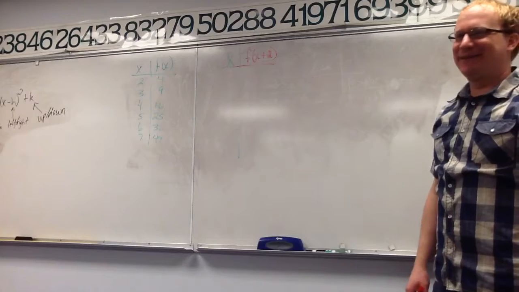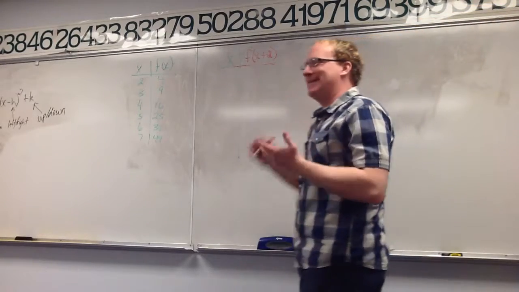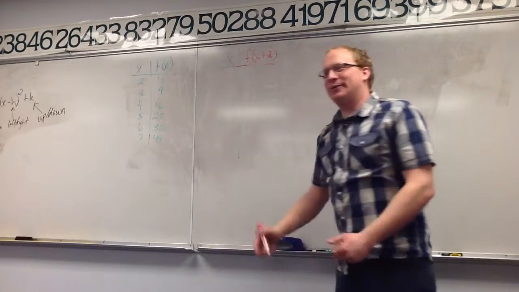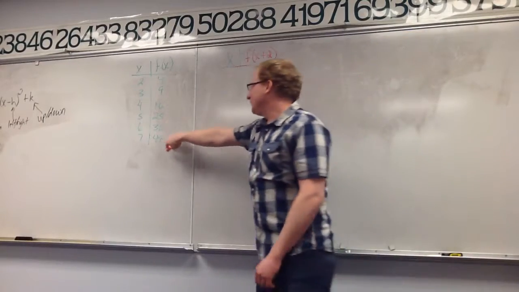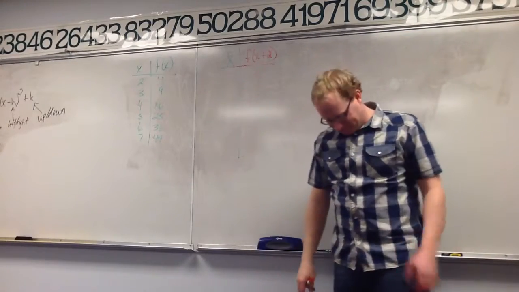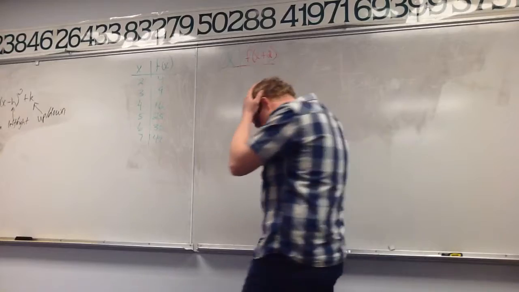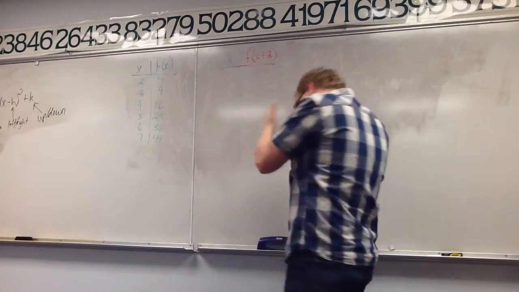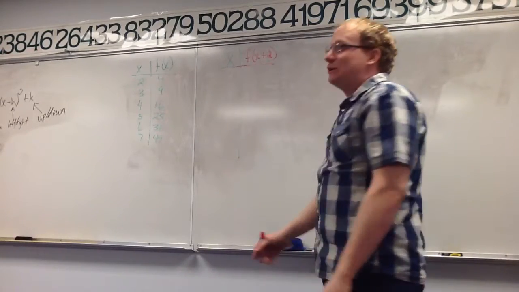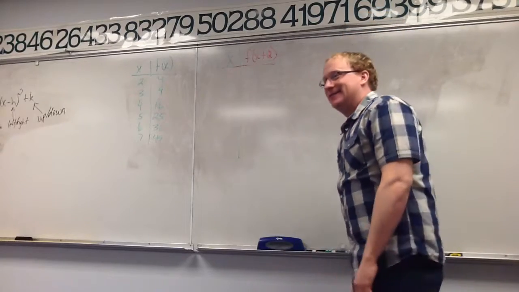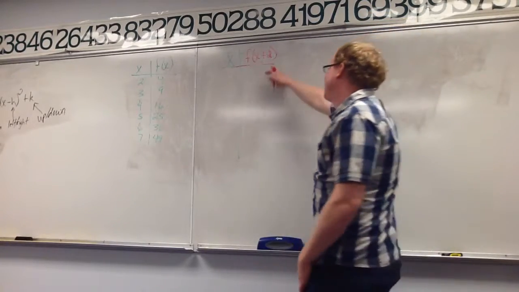It wasn't up here. So here we're going to use the same idea. We're going to call it prime. Here's my original, here's my transformation. The way you do this without a graph is you say, oh, here's my transformation.